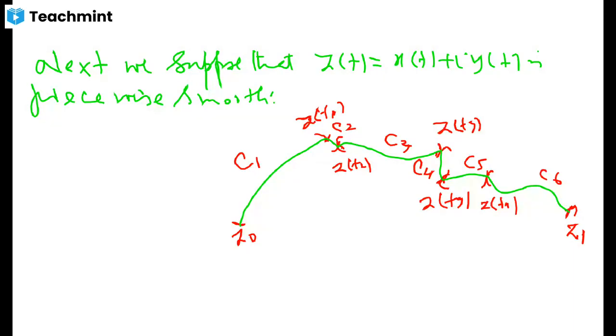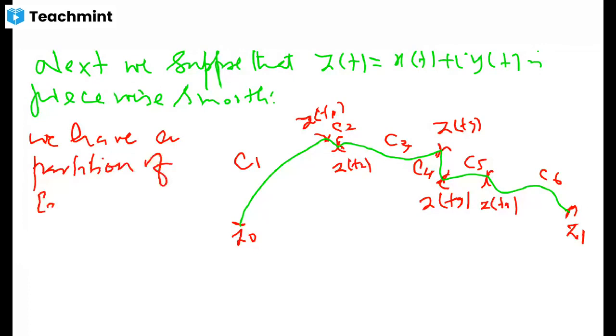So actually what's happening is, if you have a piecewise smooth contour, you are going to get a partition of this interval AB.